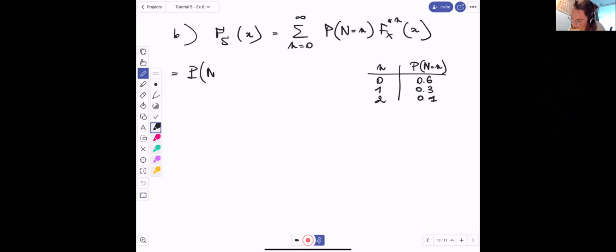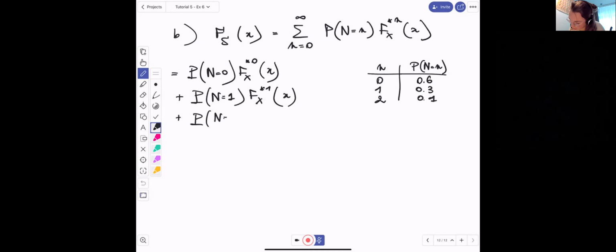So we have the probability that N is equal to 0 times our zerofold convolution CDF, plus the probability that N is equal to 1 times our one-fold convolution, plus the probability that N is equal to 2 times our twofold convolution. Now, to calculate this, we need to again make the same distinctions between the different cases.